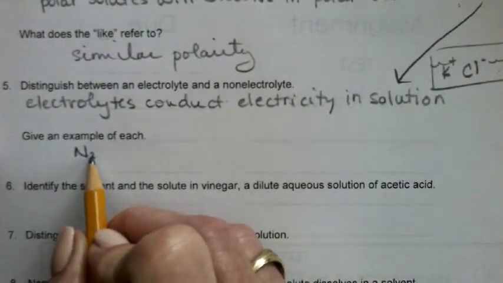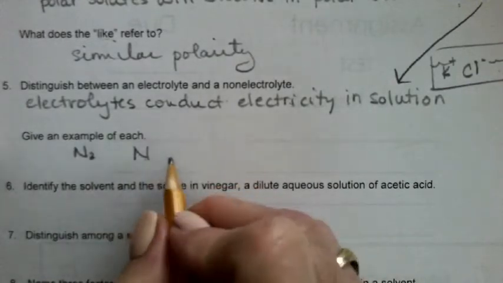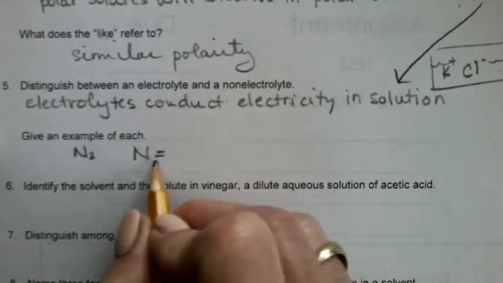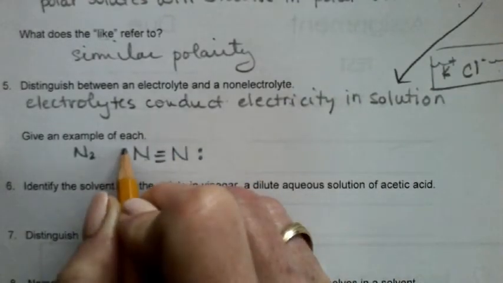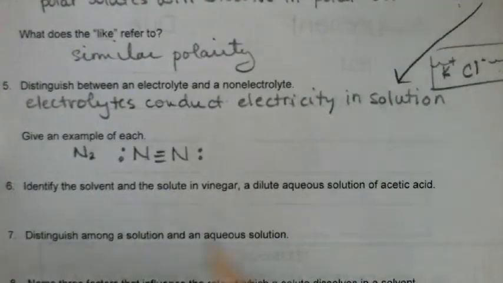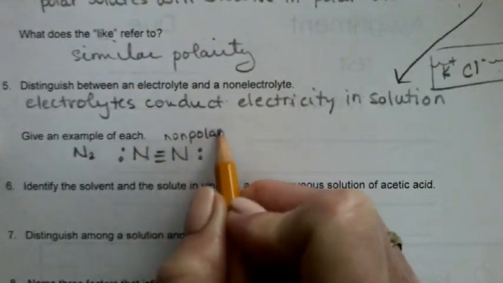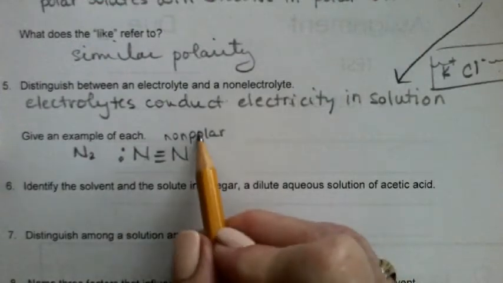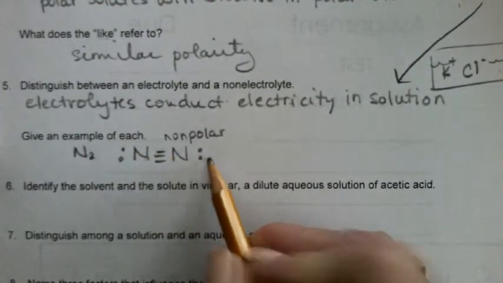Well, it's really not going to work because remember how nitrogen is? Nitrogen's super duper nonpolar. Nitrogen has that triple bond and it looks like that. So this is a really nonpolar compound. If it dissolved in water, it would definitely be a non-electrolyte.